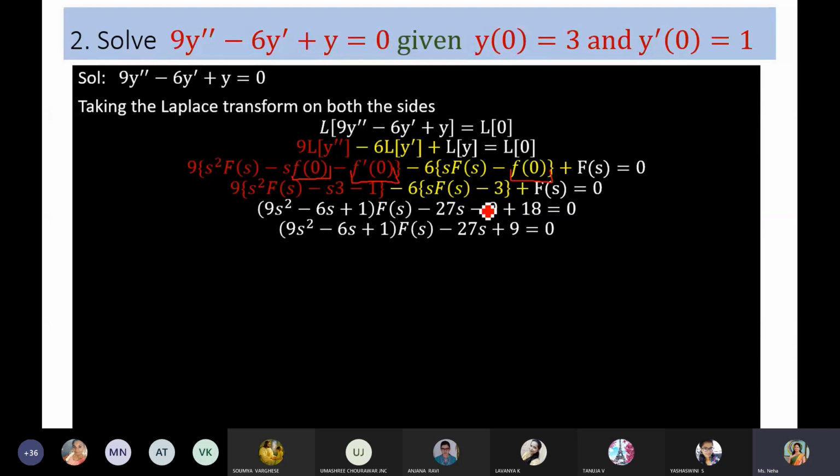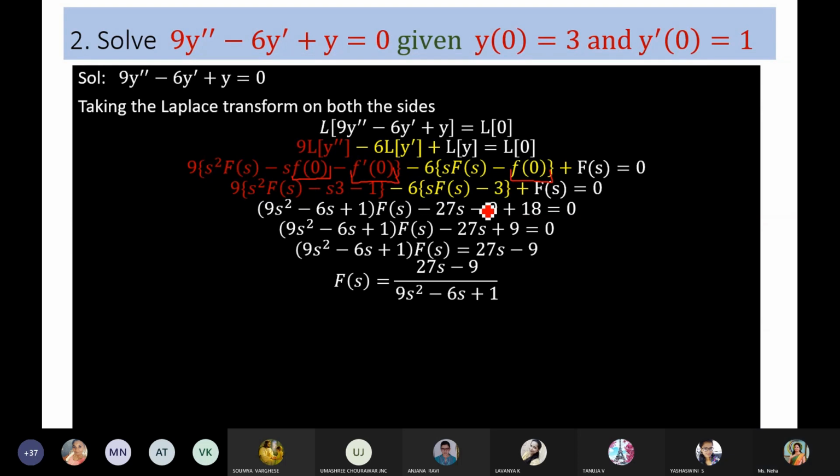So you will get (9s² − 6s + 1) F(s) − 27s − 9 + 18. Put everything on right hand side except F(s). So you will get (9s² − 6s + 1) F(s) is equal to 27s − 9. So finally your F(s) is (27s − 9) divided by (9s² − 6s + 1).